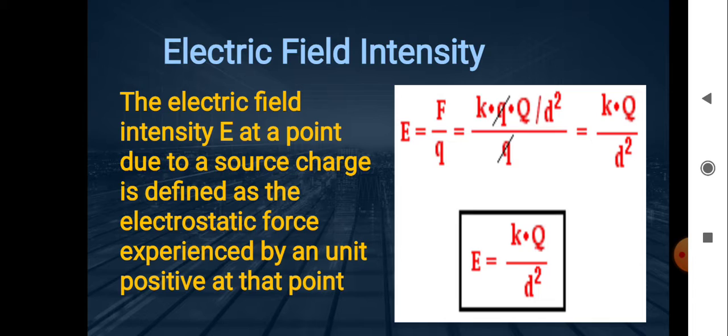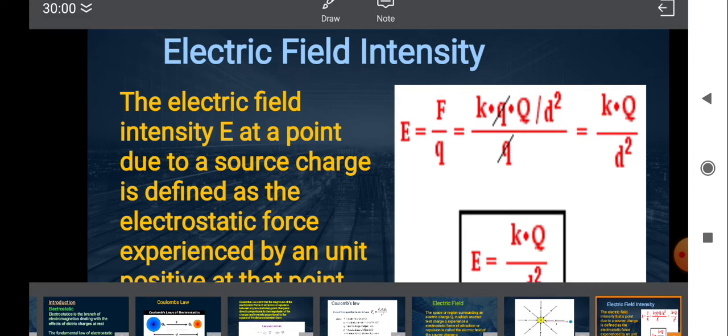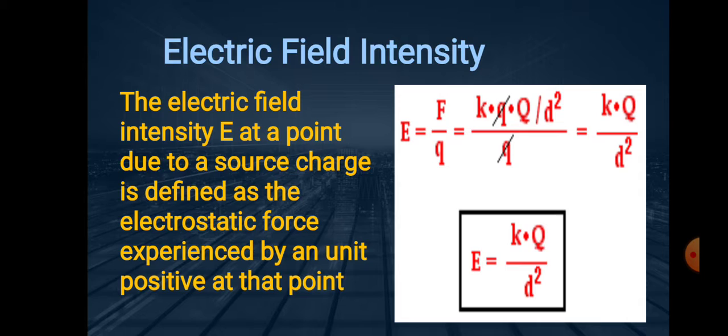Now what is the electric field intensity? Electric field intensity at a point due to the source charge is defined as the electrostatic force experienced by a unit positive test charge placed at that point.